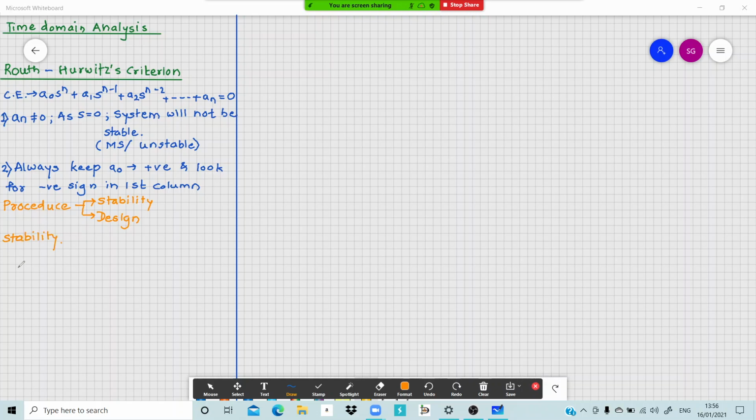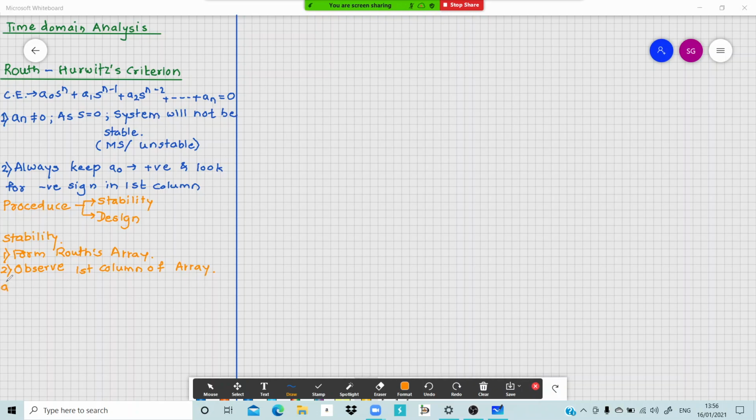So in stability, the first point is that you form the Routh array. Then after forming the array, you observe the first column of the array. Now what are the things that you are going to observe?